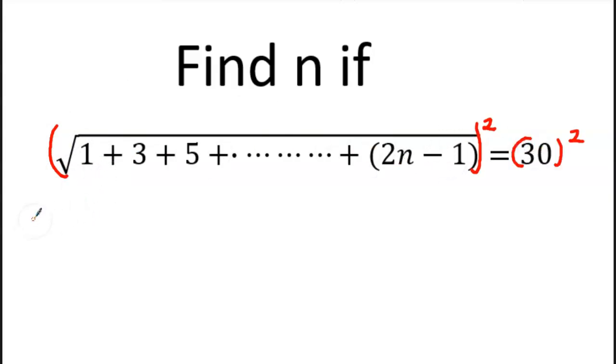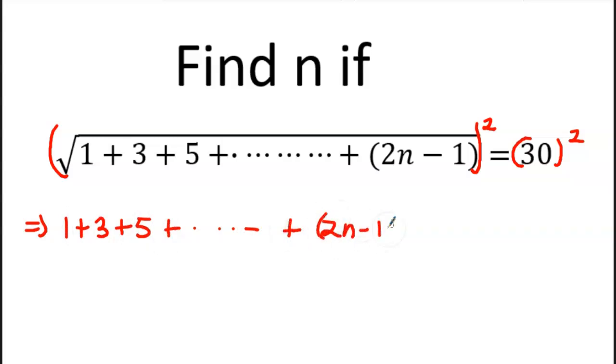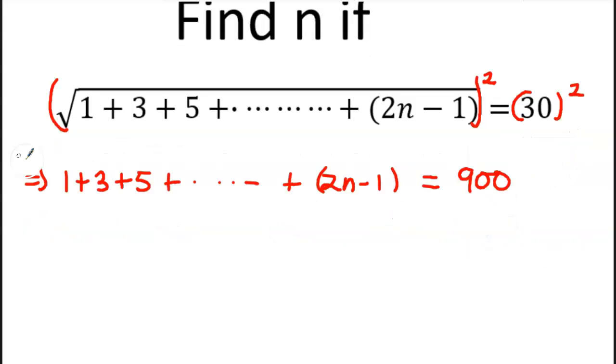Now, when you square both sides, we are going to have 1 plus 3 plus 5 plus up to 2n minus 1 is equal to 30 squared, which is 900. Now, what does this mean? This is the sum of odd numbers.